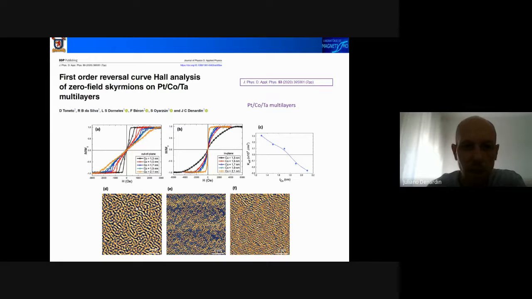And we can see here the MFM, the magnetic force microscopy, of the different samples. I don't have the caption, but D is for 1.3, E is for 1.7, and F is for 1.9.